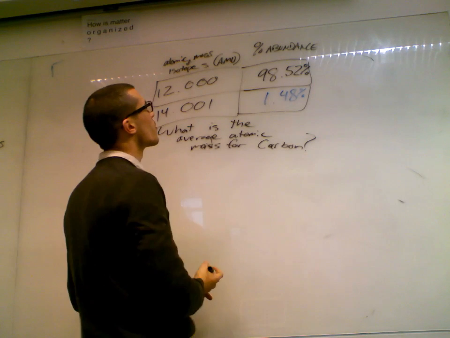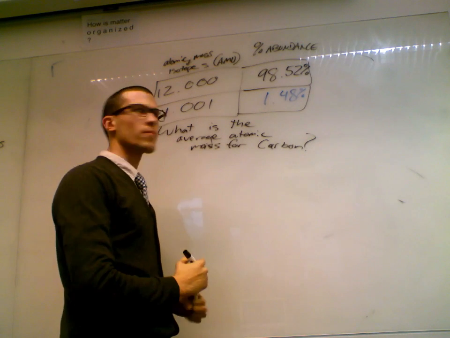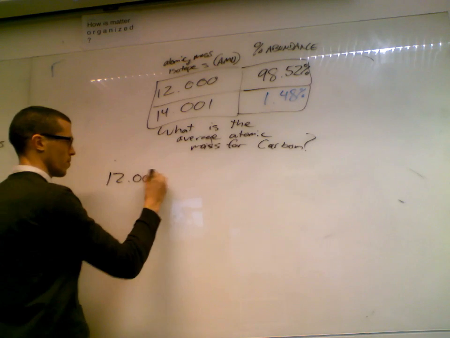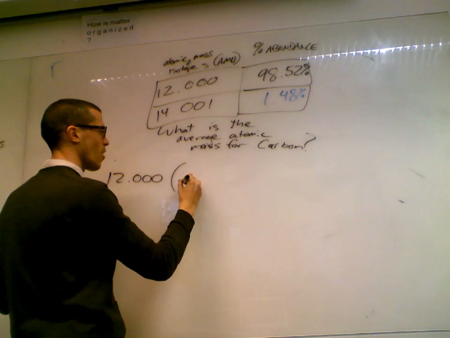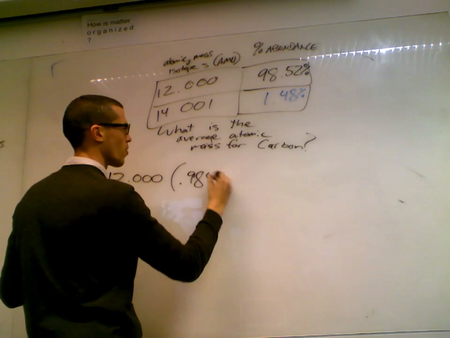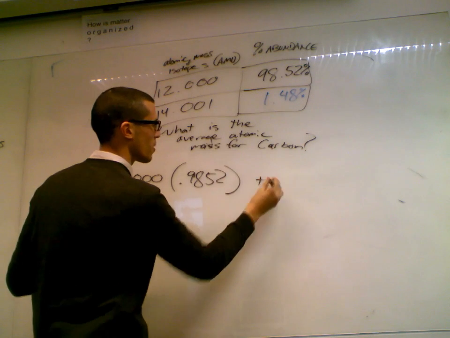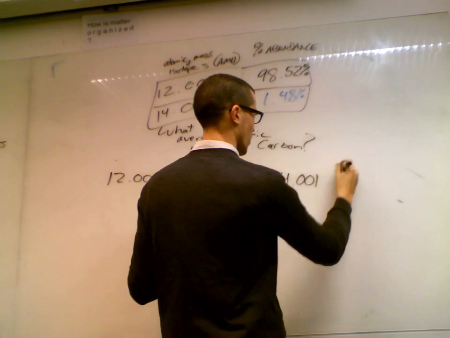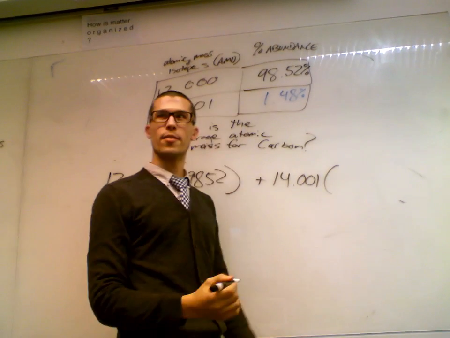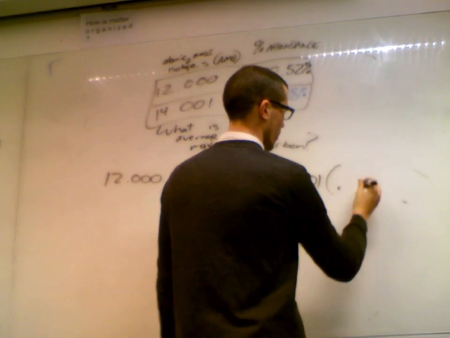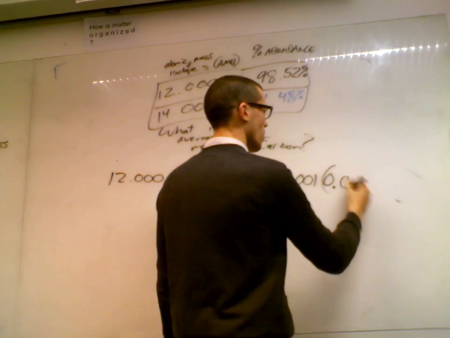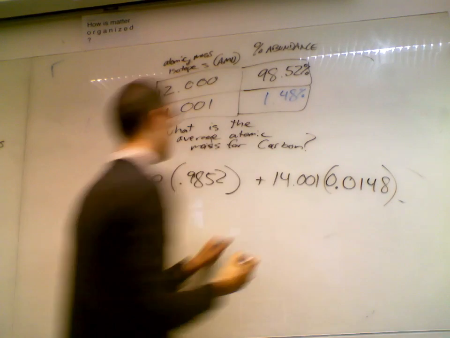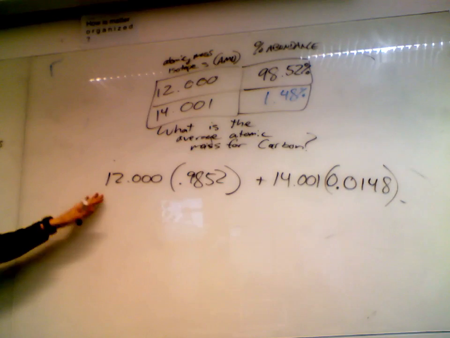And you're going to do 12.000 in parentheses times 0.9852, plus 14.001 times 0.0148. I'm going to put a 0 in front of that. And whatever that answer is, that's the answer.